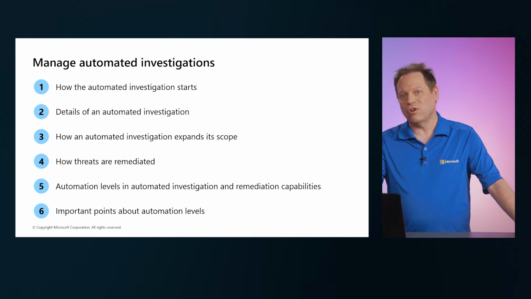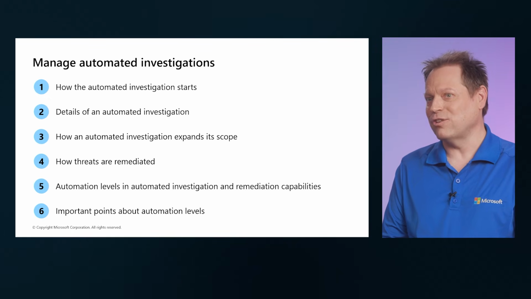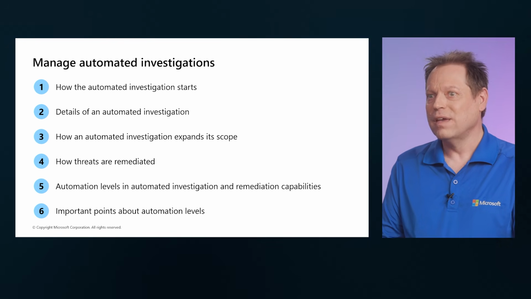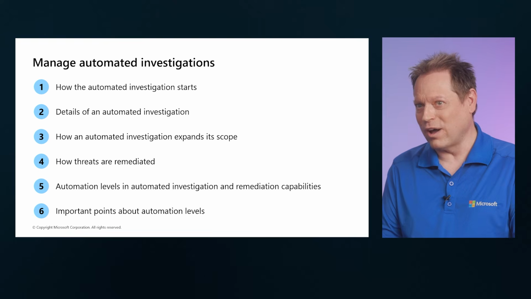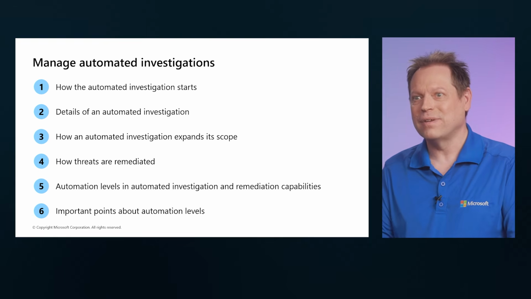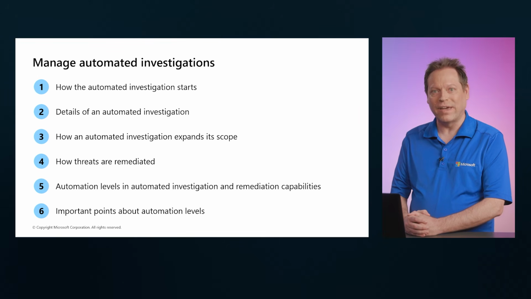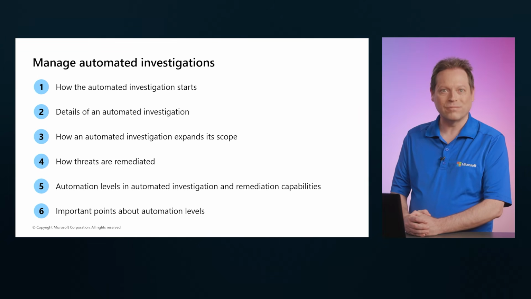You'll also need to understand how threats are remediated from the investigation's findings, and how automation level influences what actions are taken automatically versus what requires approval. There are a few important nuances around automation level, and a short demo video is available that walks through the flow in about 4 minutes or more.